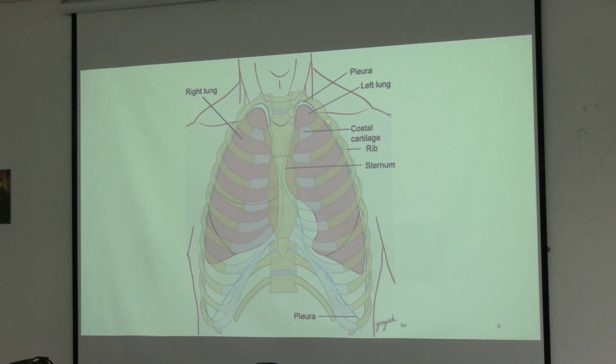The blue is the pleura covering the left lung. See this, the pleura. This is the space for the heart, and you can see the pleura. Now this is the sternum. This is the costal cartilage, ribs.